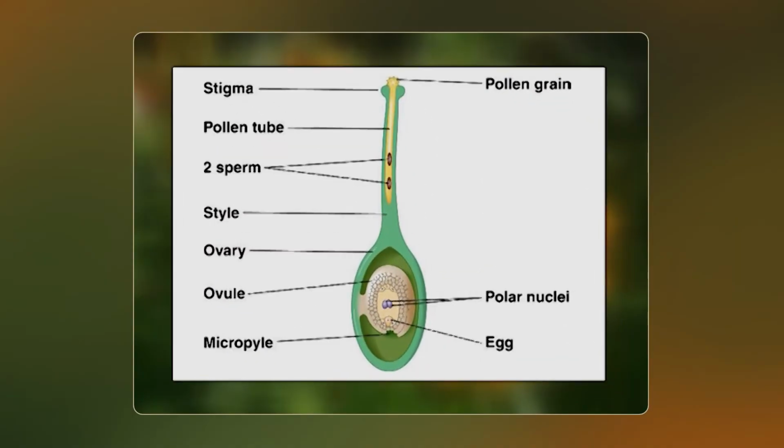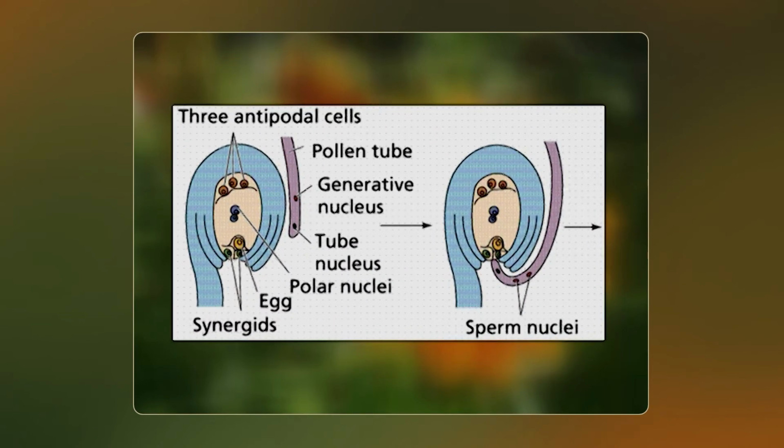Whatsoever is the mode of entry of the pollen tube into the ovule, the pollen tube always enters the embryo sac through the micropylar end. The pollen tube enters the filiform apparatus through its apex and grows through it into the synergid.